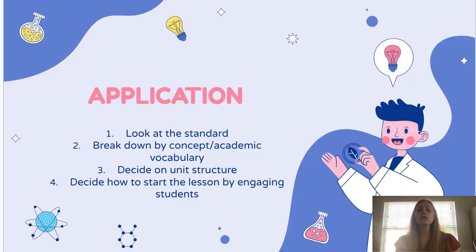So when you are developing these inquiry-based learning activities, first you need to look at the standards and break it down by their academic vocabulary, the concepts they need to know, and then decide on your structure. I always thought very, very surface level. So if I was doing cells, we first talked about living versus non-living. I needed them to understand that before we went into prokaryotic and eukaryotic, or single cell, multi-cell.